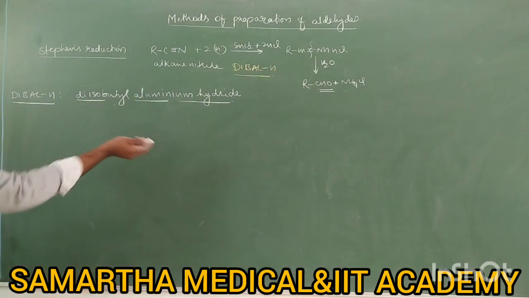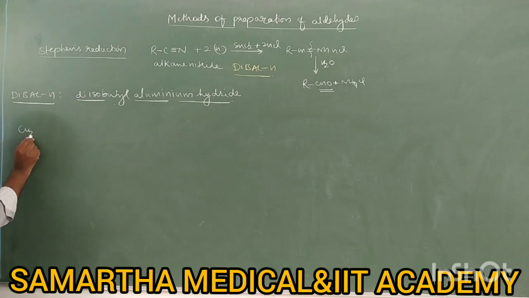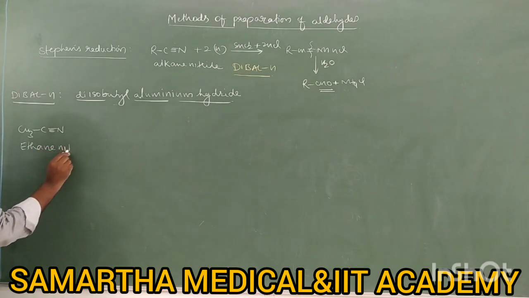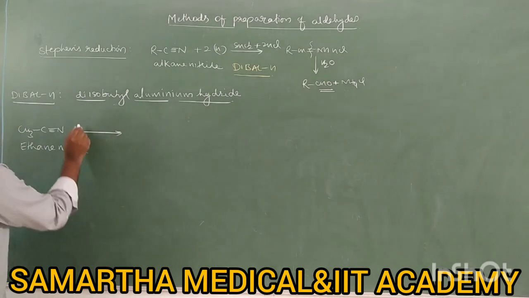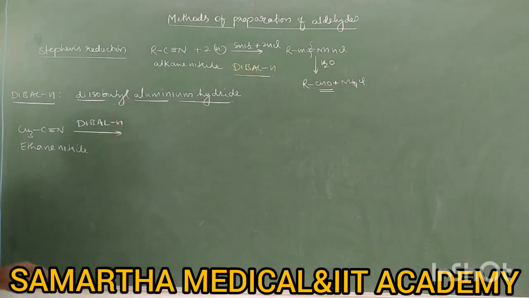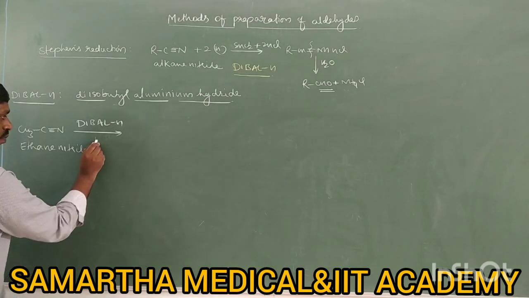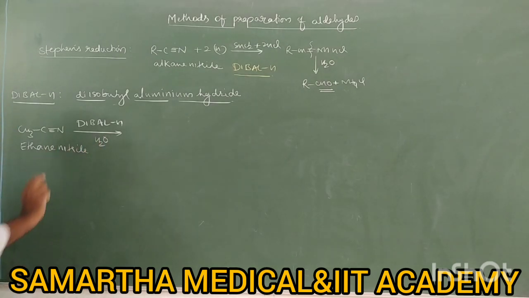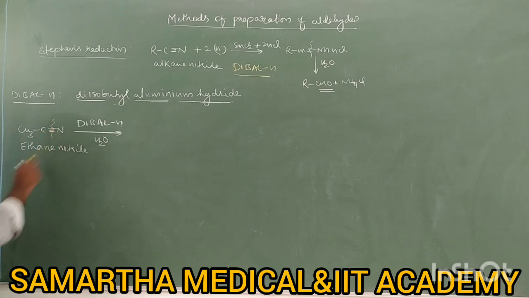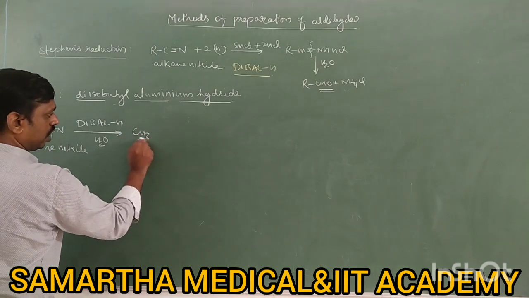For example, let us take CH3 C triple bond N, ethane nitrile, which is treated with DIBAL-H, diisobutyl aluminium hydride, followed by hydrolysis. Hydrolysis is obviously required, treating with water, which gives the corresponding aldehyde.